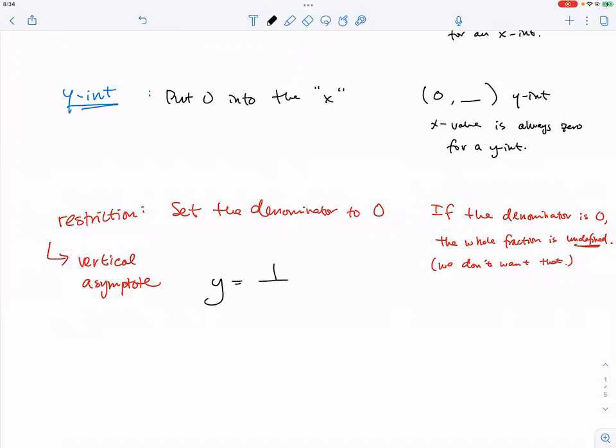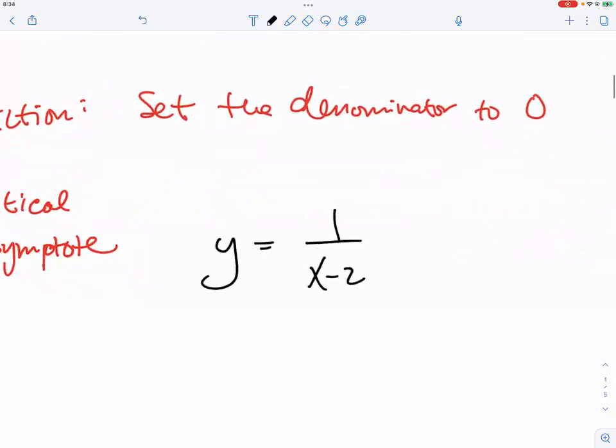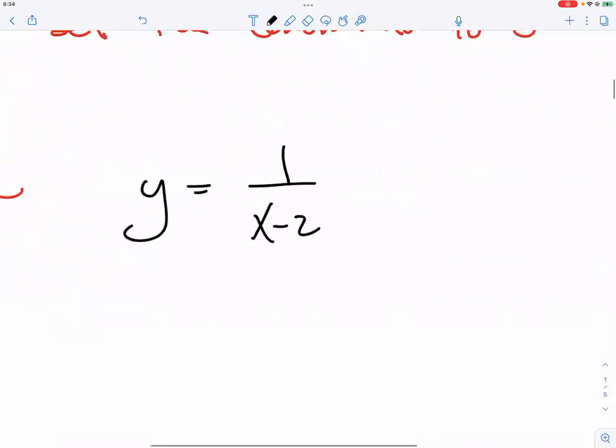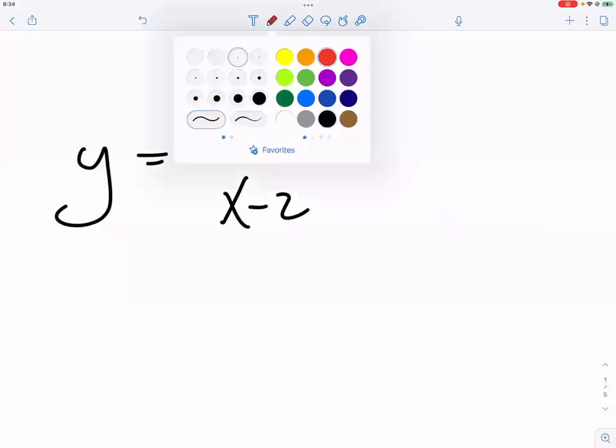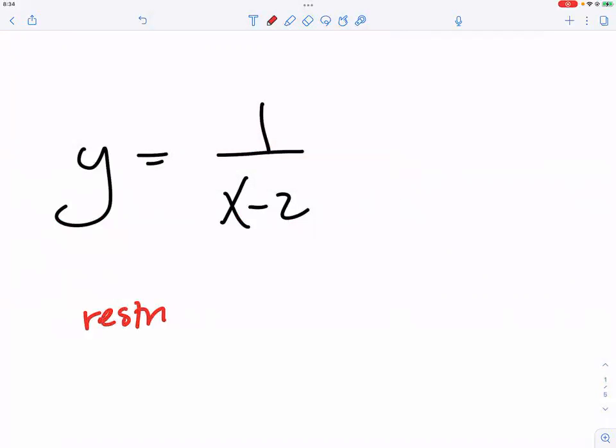All right, very good. So let's just say we have x minus 2. If we go back to last week, we'll say, what's the restriction of this fraction? And you say 2, right? So we would say x cannot be 2. So a restriction would be x cannot equal 2.